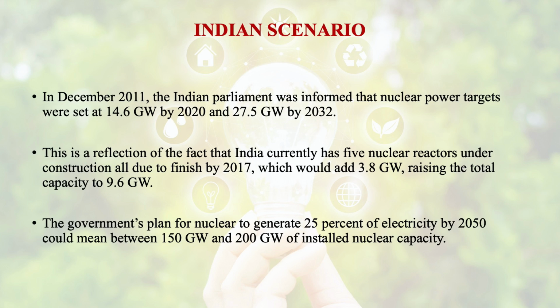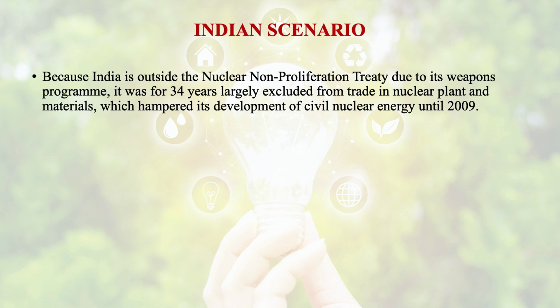The government's plan for nuclear to generate 25% of electricity by 2050 could need between 150 gigawatt and 200 gigawatt of installed nuclear capacity. Because India is outside the nuclear non-proliferation treaty due to its weapon program, it was for 34 years largely excluded from trade in nuclear plant and materials, which hampered its development of civil nuclear energy until 2009.